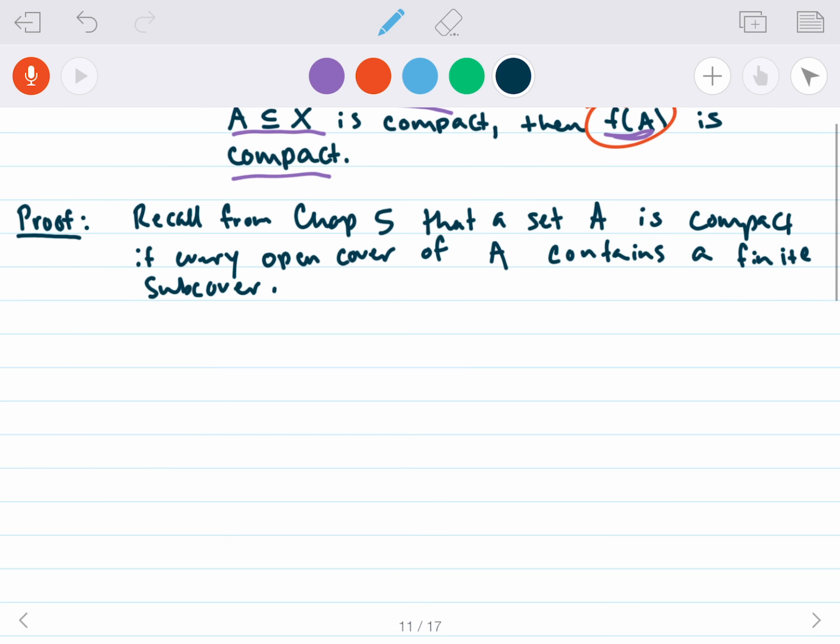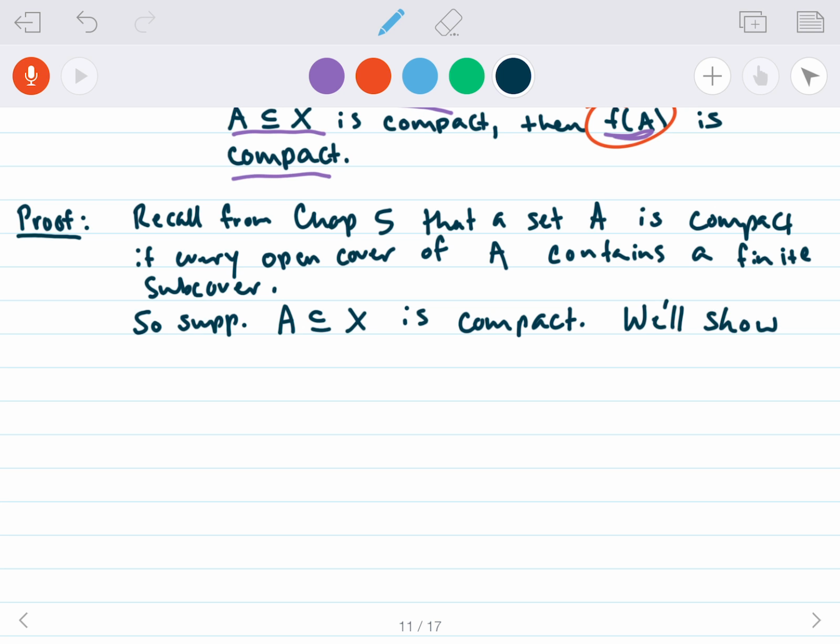All right, so suppose A is compact. We'll show, I'll just write what I just said aloud, that any open cover of f of A has a finite subcover.